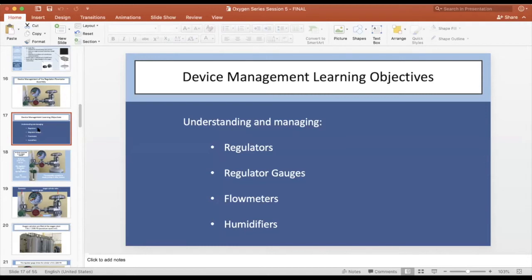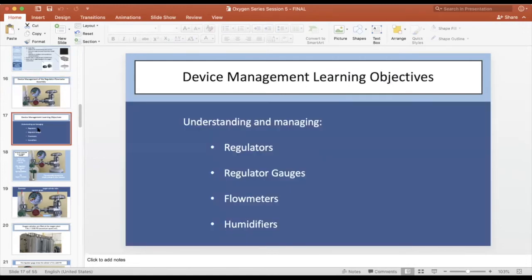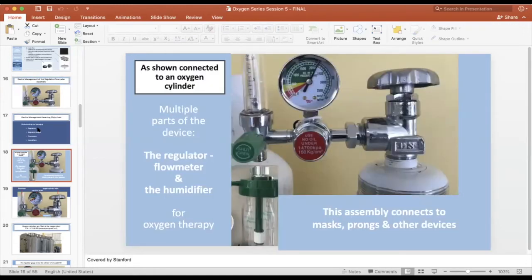And if I look back at this snapshot, it does not have the humidifier here, but in this next slide, you'll see, as shown connected to the oxygen cylinder, the multiple parts of the device. The regulator, flow meter, and humidifier for oxygen therapy. This assembly is what connects to the mask, the prongs, and other devices.